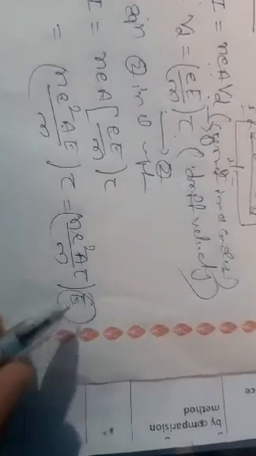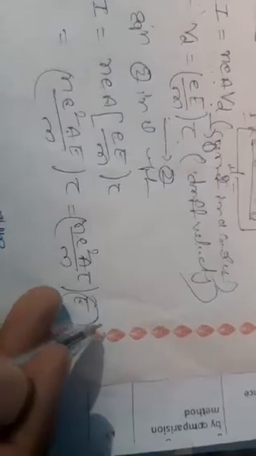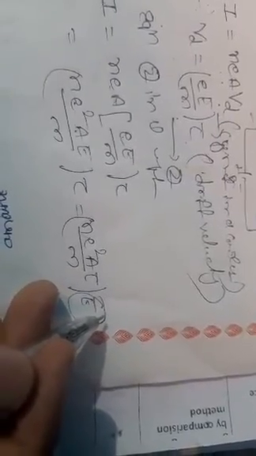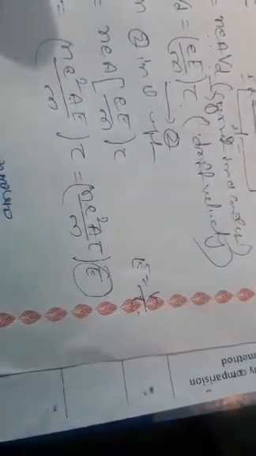Why? It is based on the basic definition of an electric field. The electric field is the potential difference per unit length, the force acting on a unit positive charge. According to Ohm's law and this diagram, the potential difference is V, so the electric field is V by L. Substitute the value.